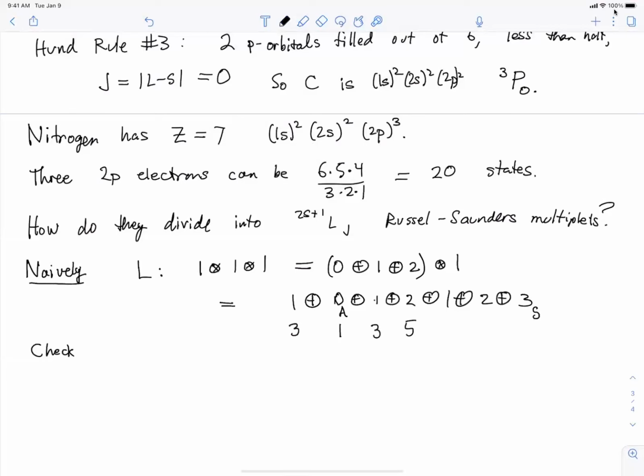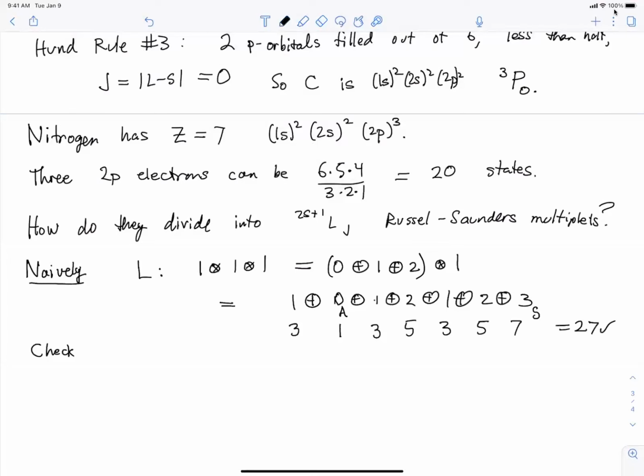This is 5, 3, 5, and 7. So let's see, when I add that up, I get 3 plus 1 is 4, 4 plus 3 is 7, plus 5 makes 12, 12 plus 3 is 15, 20, 27. Okay, and each spin 1 has 3 states, so it's 3 times 3 times 3, so that's indeed 27.